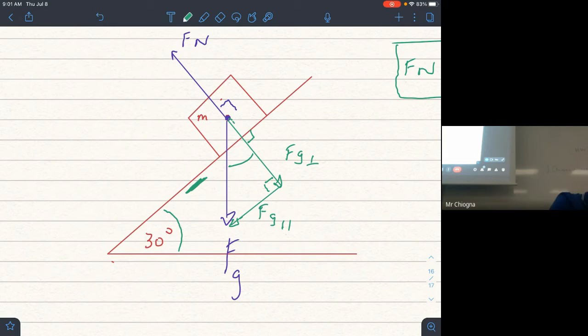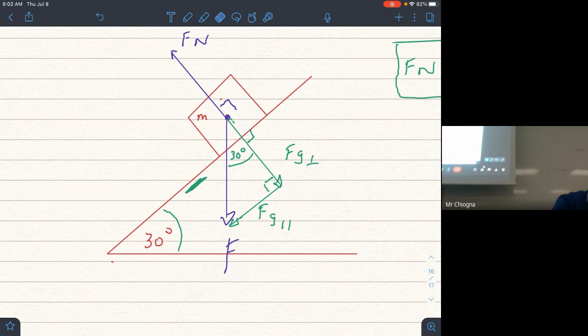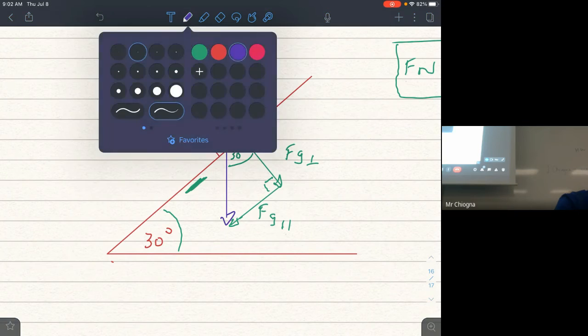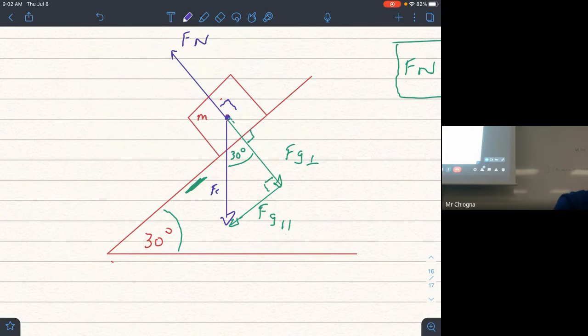I'm just going to tell you that, but you can redraw this. This is 30 degrees. That's the trick. And then let me just relabel it. This hypotenuse is FG.